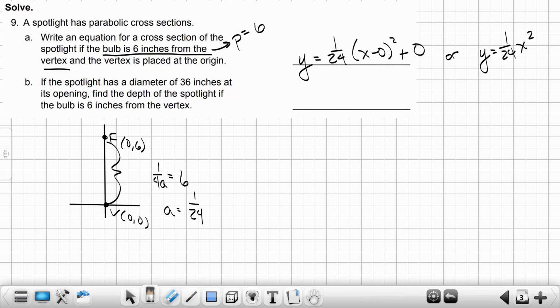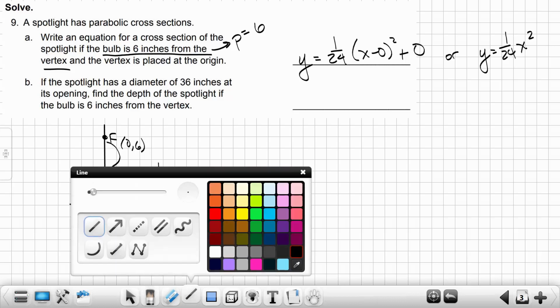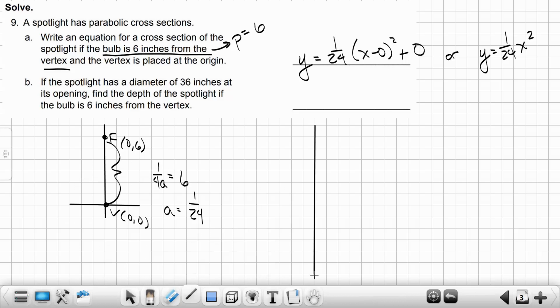B is a little bit more. So if the spotlight, so we're still going off of this picture right here. Going to go a little further. I'm just redrawing it.